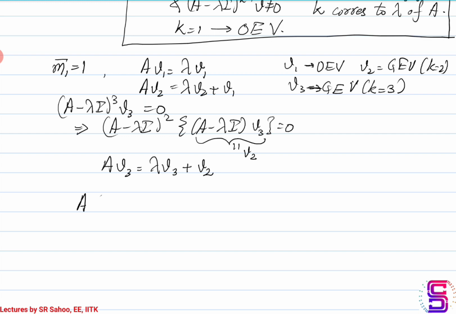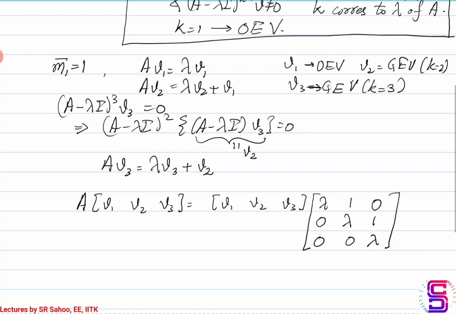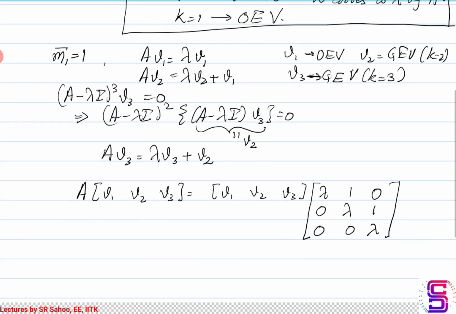So I can write these 3 equations as A multiplied by V1, V2, V3 is equal to V1, V2, V3 multiplied by: lambda times V1, 0 times V2, 0 times V3, then you have 1 times V1, lambda times V2, 0 times V3, then you have 0, 1, and lambda. Right. So what is A here?